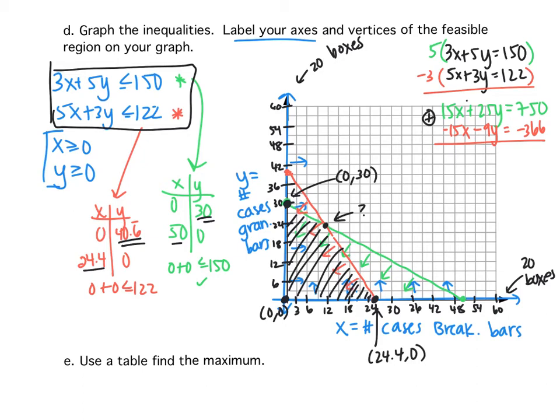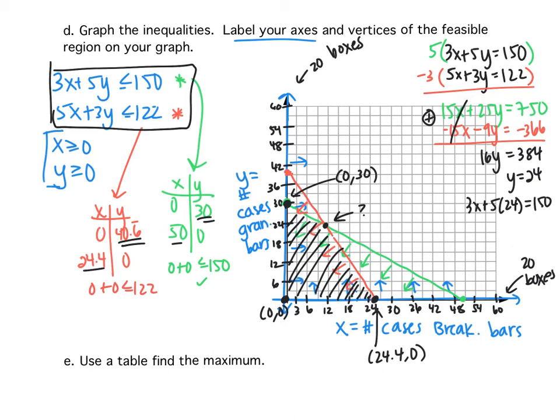When I add, those x's cancel, and I get 16y is equal to 384. Dividing 384 by 16, I get 24. Using my top equation then, I get 3x plus 5 times 24 is equal to 150. 5 times 24 is 120.